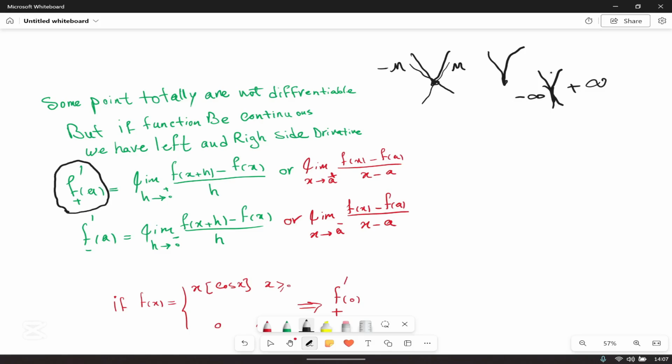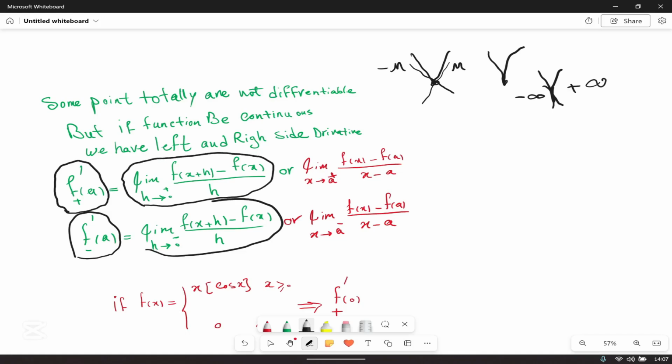But how can we write the left or right side derivative? The positive side, if we write it with the first formula, is the limit of f(x plus h) minus f(x) divided by h when h goes to positive 0, or the limit of f(x) minus f(a) divided by x minus a when x goes to positive a. Both of them are the same, guys.